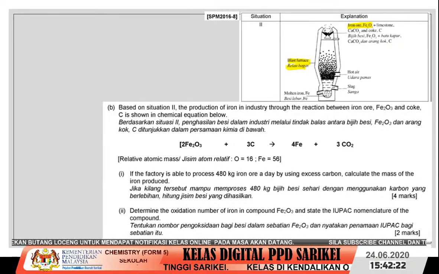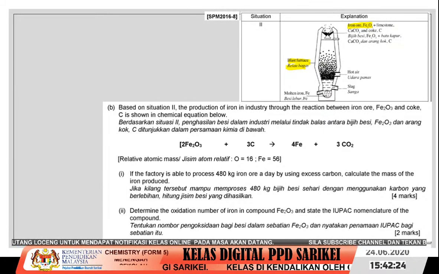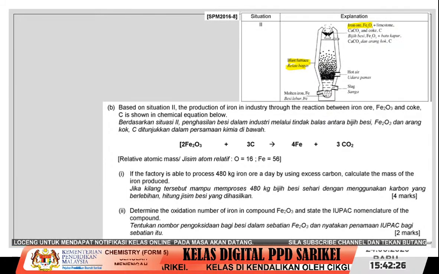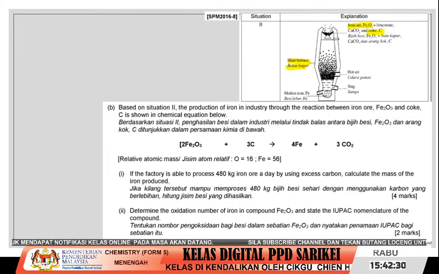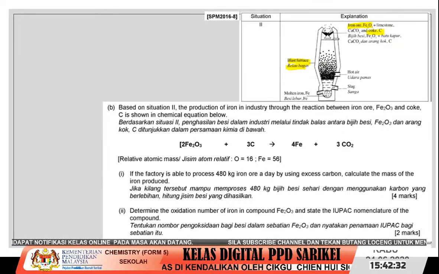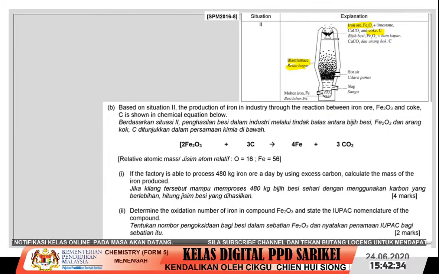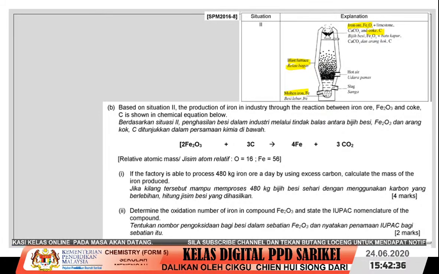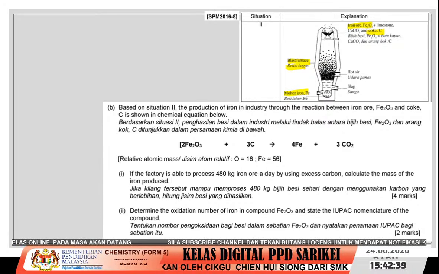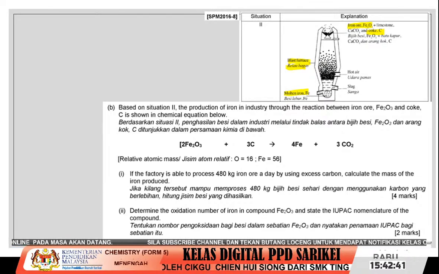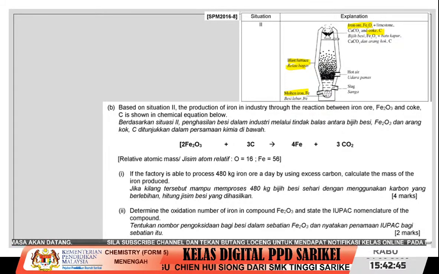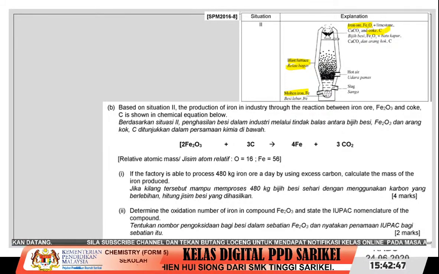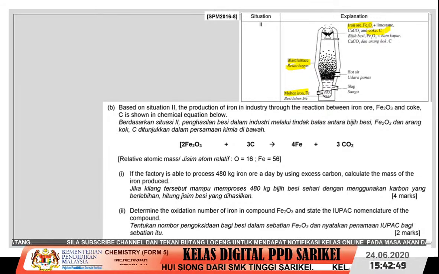And then under high heat, the iron ore starts to react with carbon. After the chemical reaction, we can collect the molten iron at the outlet at the bottom of the blast furnace. That means carbon is able to displace iron from iron(III) oxide.